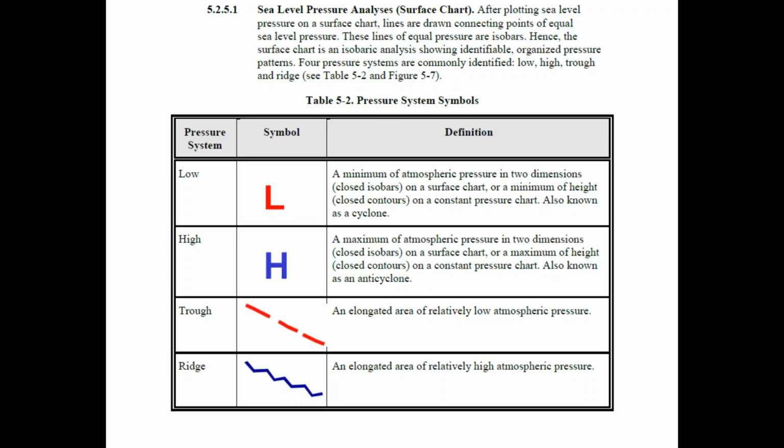So the low pressure systems are what we associate with all of our adverse weather. Hurricanes, typhoons, thunderstorms, all of those things are associated with low pressure systems. And low pressure systems, as they're moving, they're spinning counterclockwise, which is what a cyclone is.